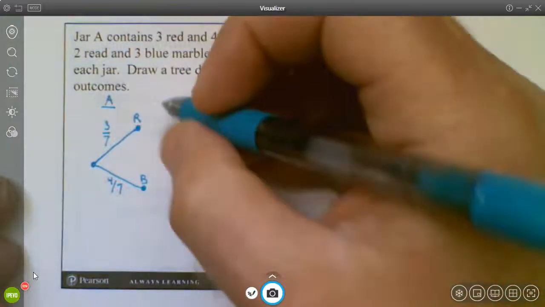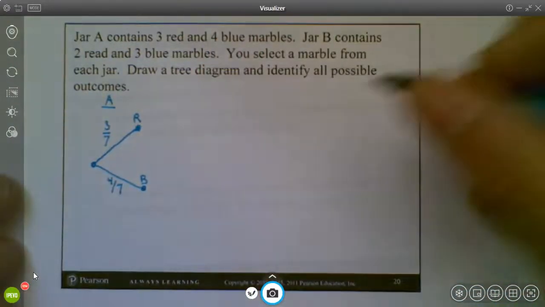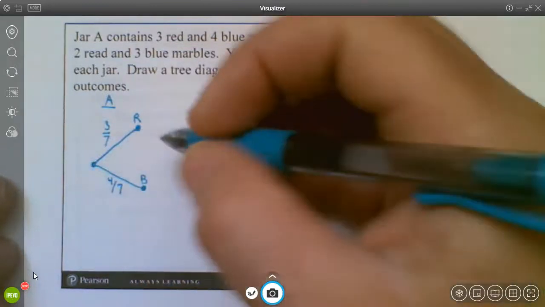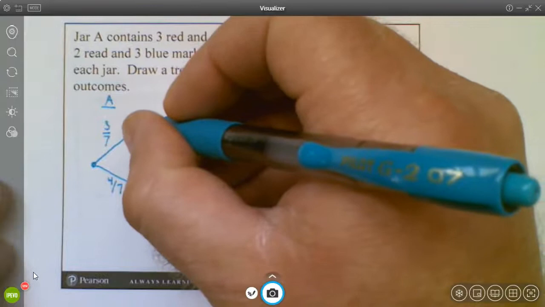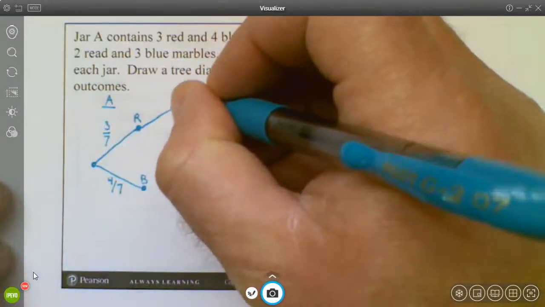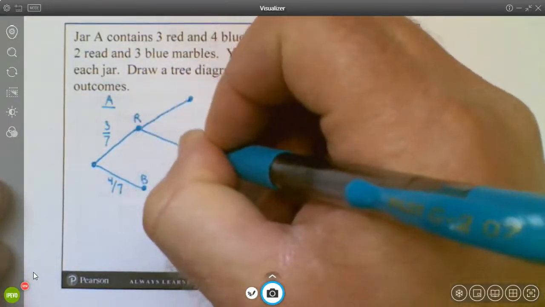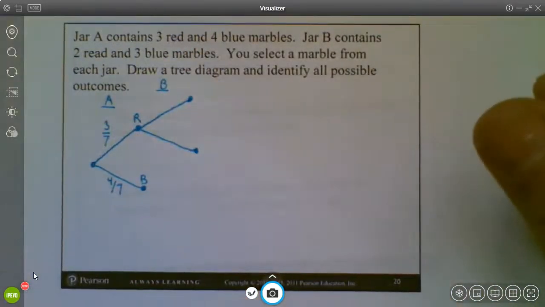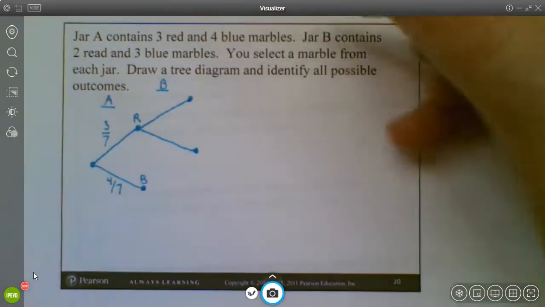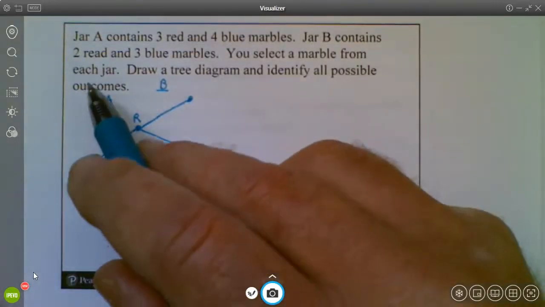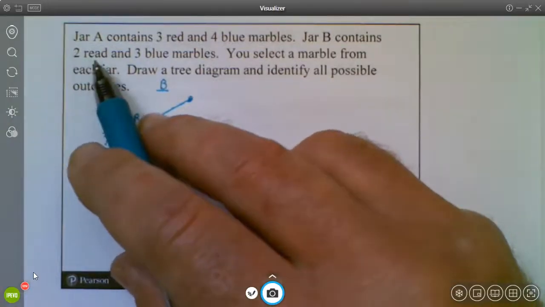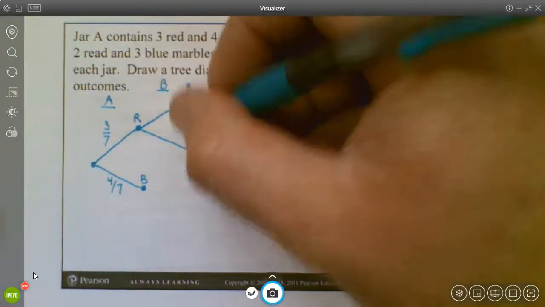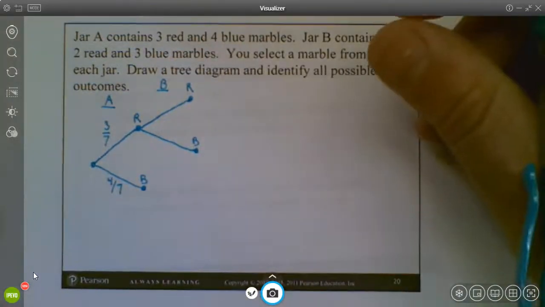Second event coming off of those is now we're going to reach into jar B. So if I had reached into jar A and picked a red marble, here's what could then happen on my second event. So the second level here is all going to come from jar B. And again, let's just look at jar B and see what the potential outcomes are. That should say red, not read, but there's 2 red and 3 blue. So again, I'm either going to come away with a red or a blue marble, right?